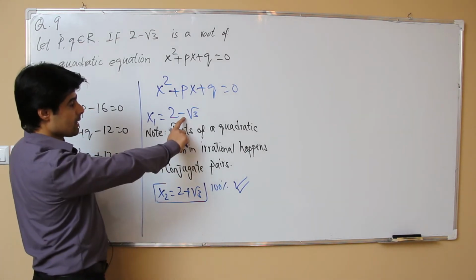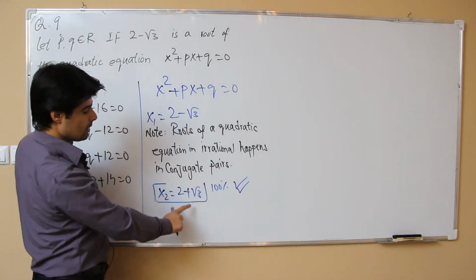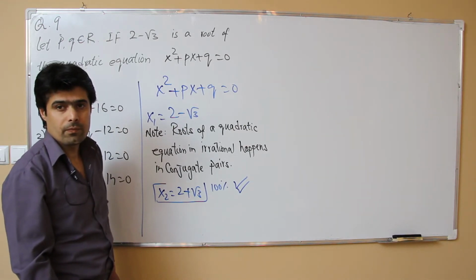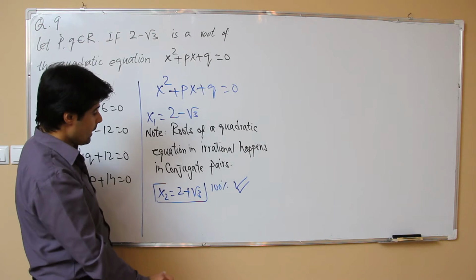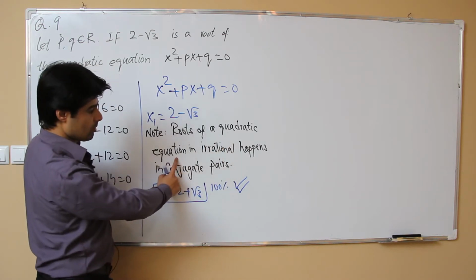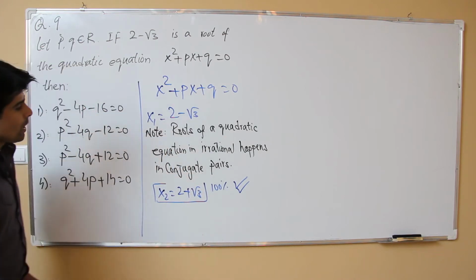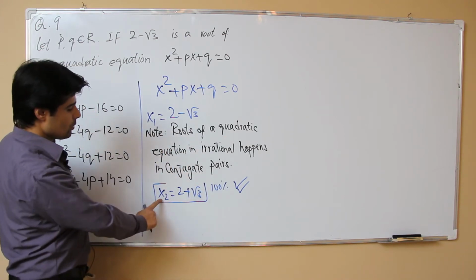If one answer is minus root 7, the other root is plus root 7. Just in a quadratic equation. Am I right or not? Yes. Now we know x1, and also we know x2.